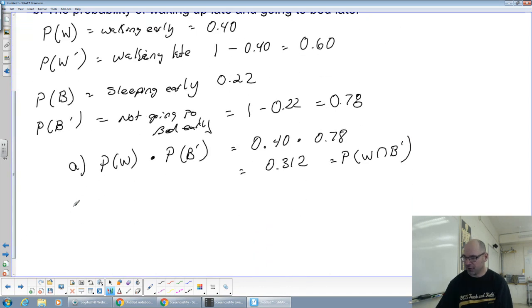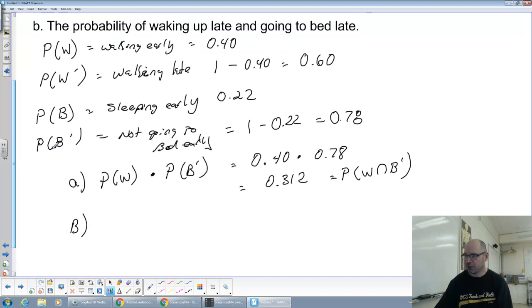Okay, so B will be very similar. They're asking us for the probability of waking up late and going to bed early. So waking up late is right here, not waking early or waking late. Going to bed early, that's sleeping early, is B. They're independent events, so we have to multiply them out.